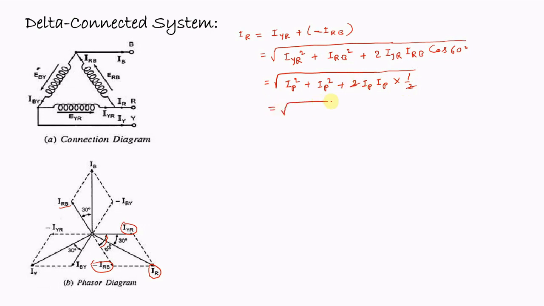So it can be written as I phase square plus I phase square plus I phase square, that is 3 I phase square. So it is root 3 I phase. And IR is what? IR is the current flowing to the external circuit, which is considered as the line current. So we can write the line current is equal to root 3 times of the phase current for a delta connected system.